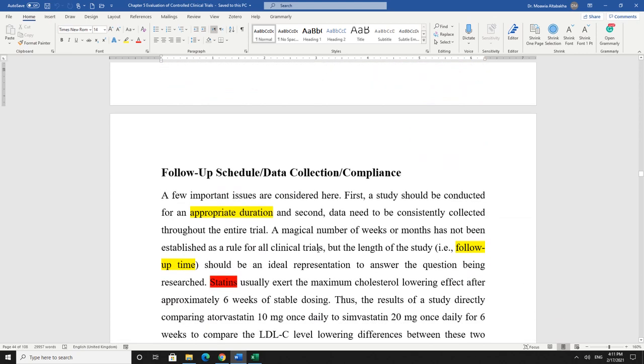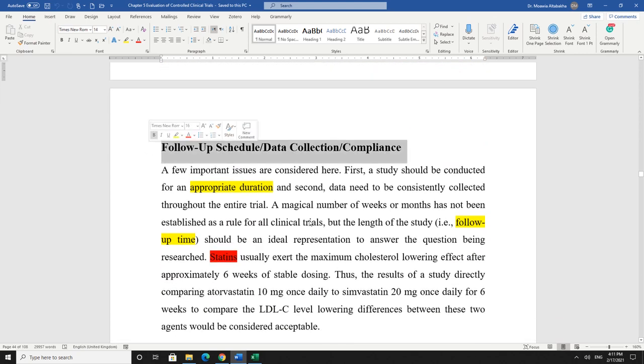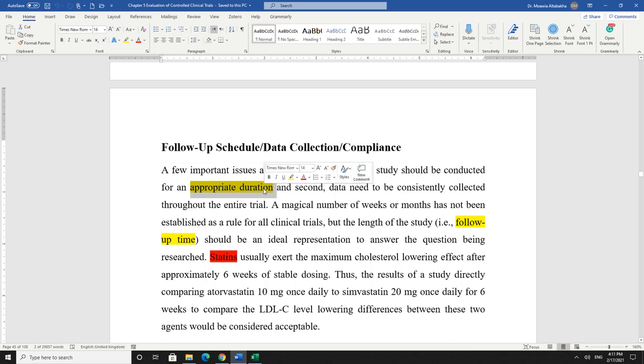Okay, what about follow-up? And when I say follow-up, it means the duration of the trial. Is there like a magical number? All trials should be between 4 weeks to 8 weeks? No, there is no such thing. It depends on the aim, on the goal of the study, and the events that are occurring.